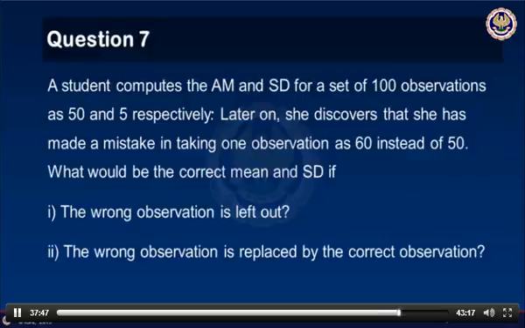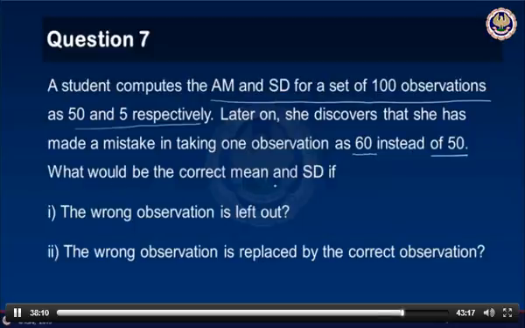Now coming to the next question: a student computes the arithmetic mean and SD for 100 observations as 50 and 5 respectively. Later on, he discovers that he made a mistake in taking one observation as 60 instead of 50.